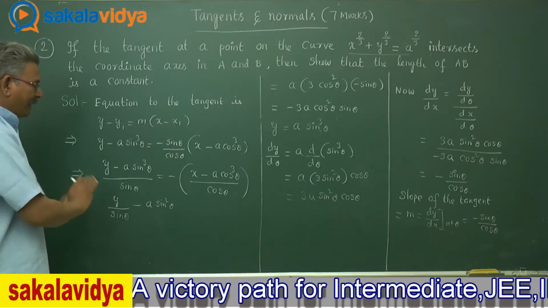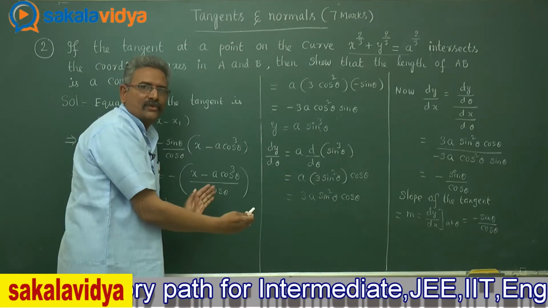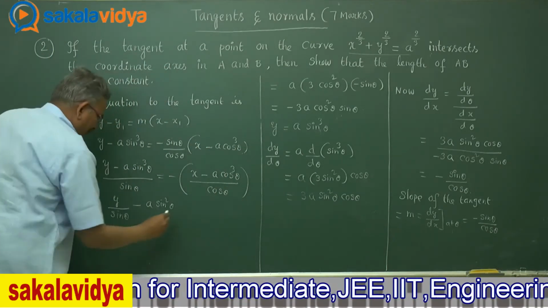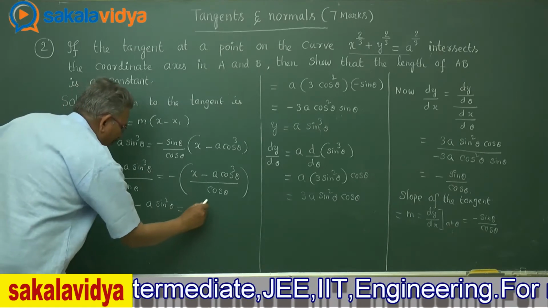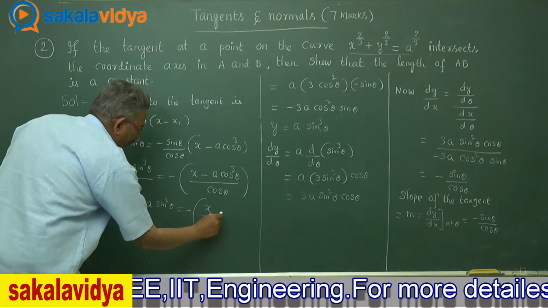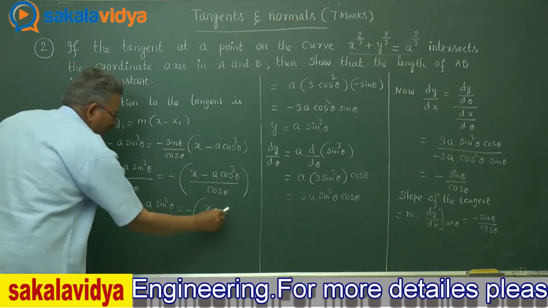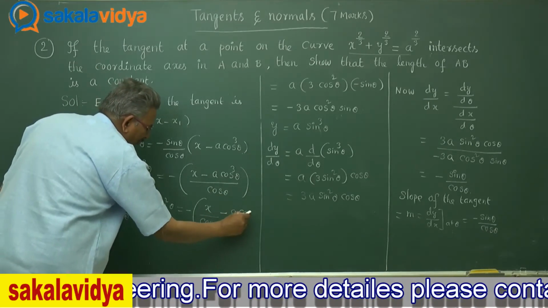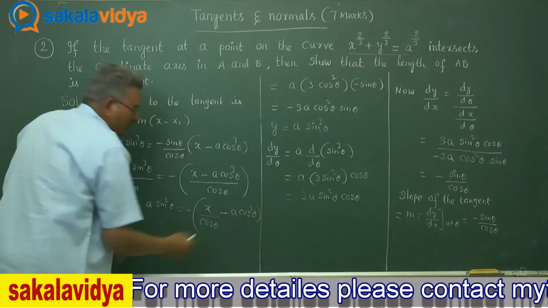In the similar manner, the right hand side also we have to simplify. This equals minus of x by cos theta, and minus a cos cube theta by cos theta, that is a cos square theta. You can check it for a while.